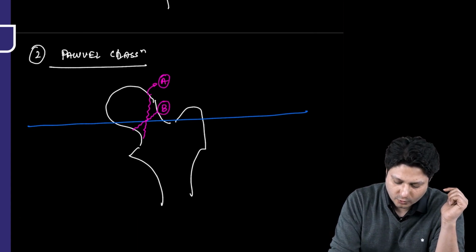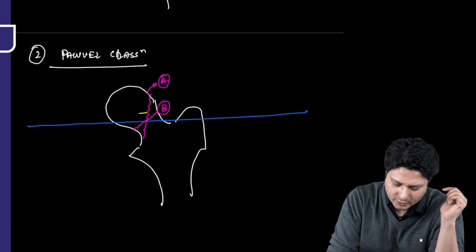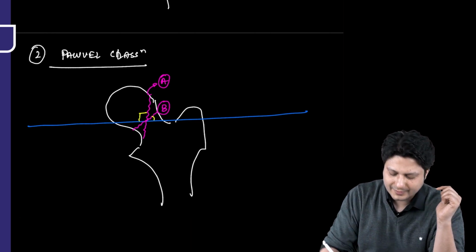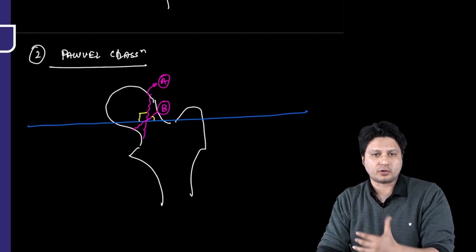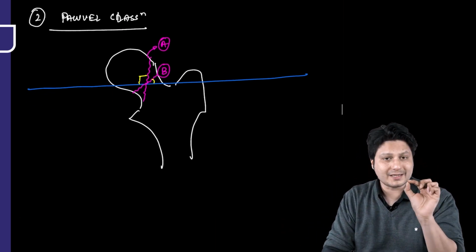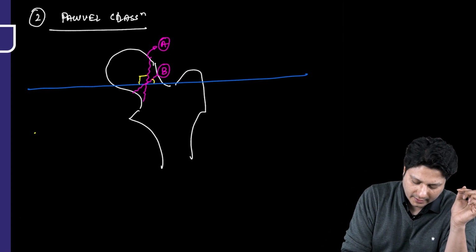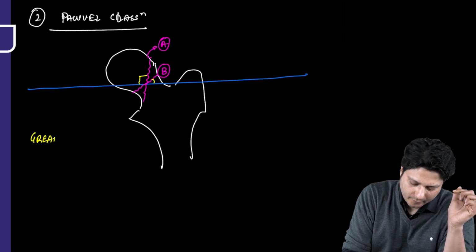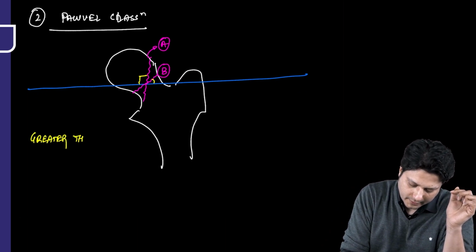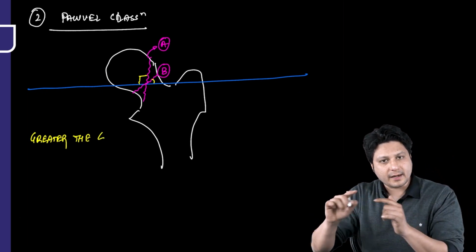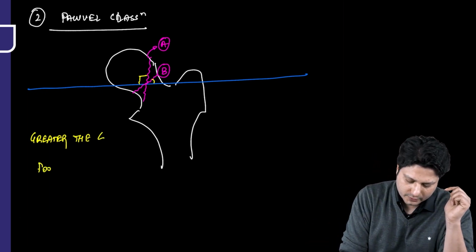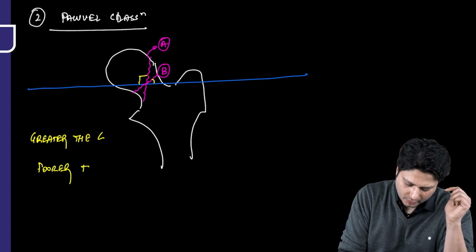So out of these two, which one is subtending a greater angle with the horizontal? Obviously A is creating a greater angle with the horizontal compared to B. So what is the significance of this classification? The greater the angle between the fracture line and the horizontal, the poorer the prognosis. Alright.